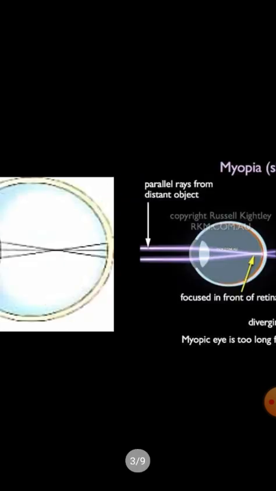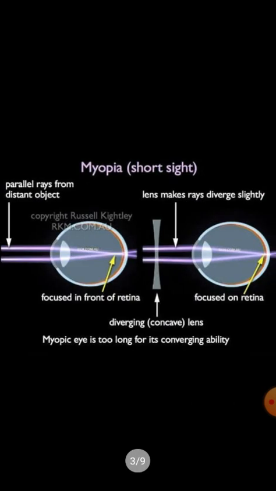The correction of myopia can be done by using a concave lens of suitable power. This concave lens helps to form image on the retina. The concave lens is placed in front of the eye lens. The rays from the distant object placed at infinity are first diverged by concave lens.